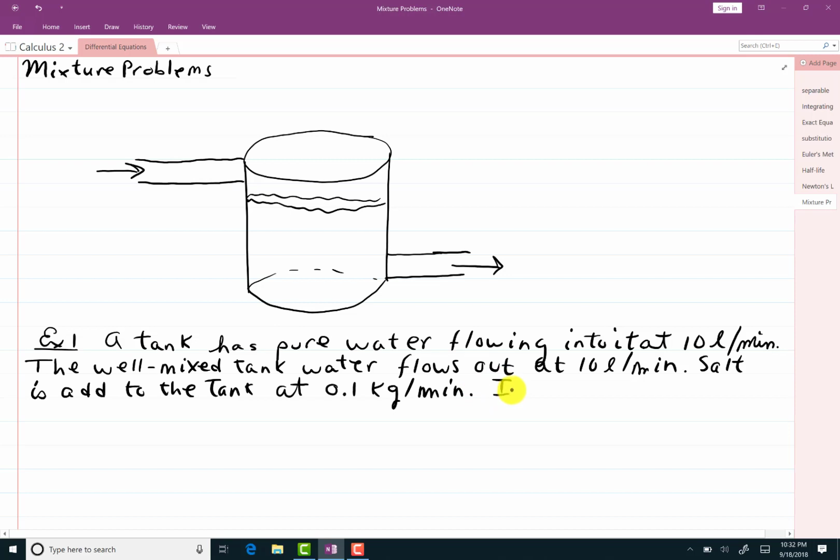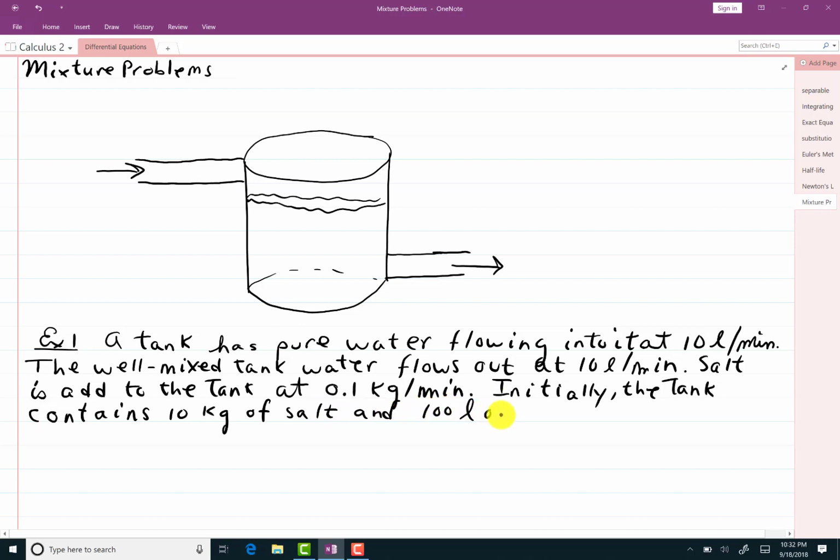Initially, the tank contains 10 kilograms of salt and 100 liters of water.